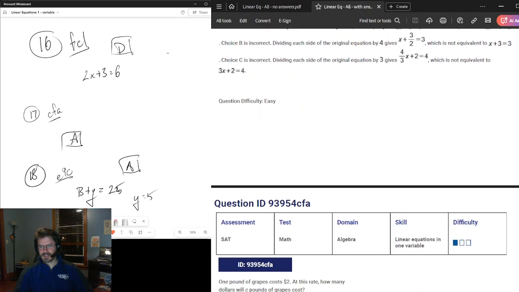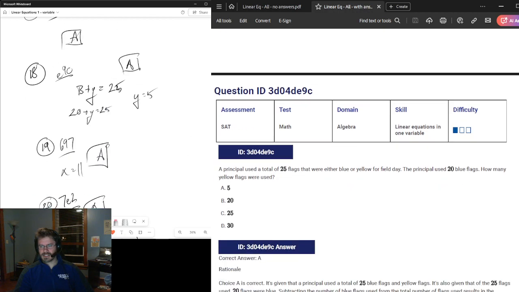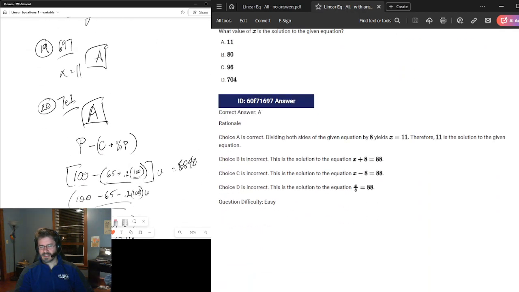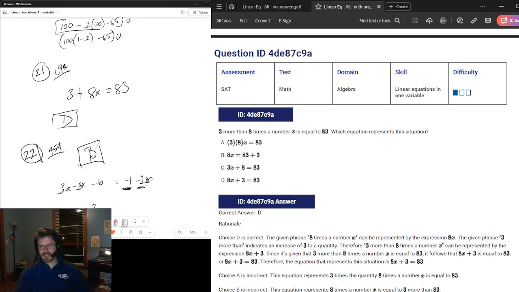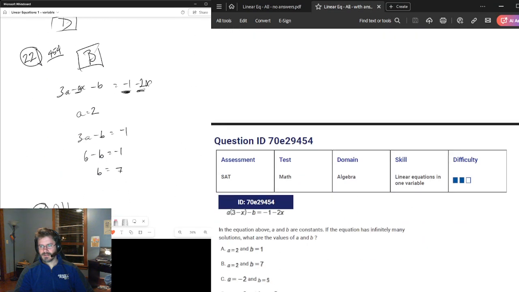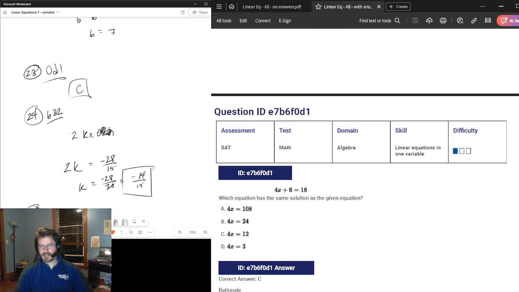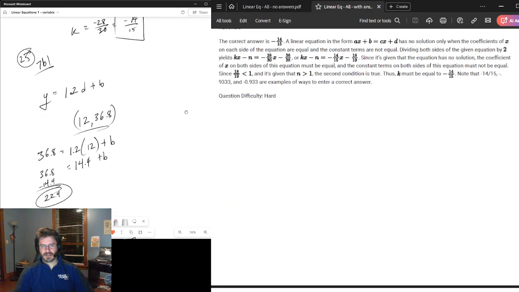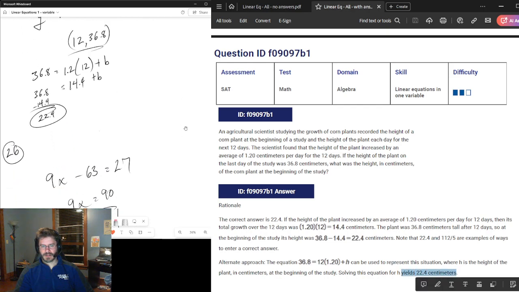FC1 is D, CFA is A, E9C is A, 697 is A, 72 is A, C9A is D, 454 is B, 0D1 is C, negative 14 over 15, 71 we got, where is it? 22.4, there we go.